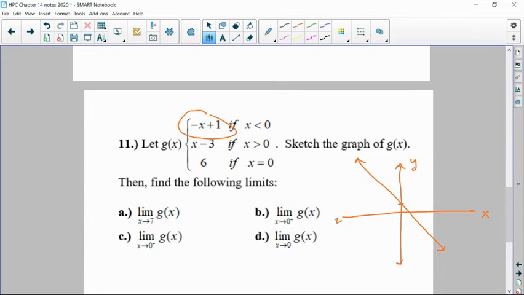But remember, we only want this graph when x is less than 0. So we only want that graph over here, in this region. And it's strictly open-ended, right? So what I'm going to do is graph just that part. Let me try to erase the rest. Oh, there it is. Okay.